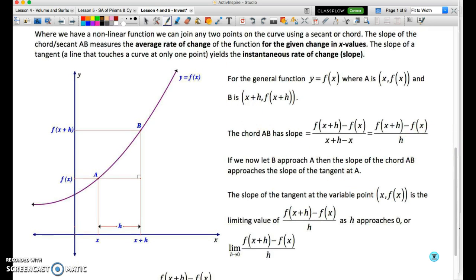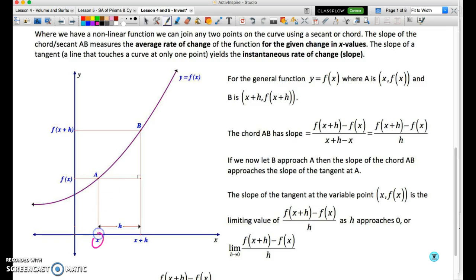Okay, so now we're talking in general terms. If I have any curve in the form y equals f of x, a non-linear curve, well, obviously linear functions are not curves, but if I have a non-linear function, then I'm going to mark point A on the function, and I'm going to give A the coordinates x, f of x.